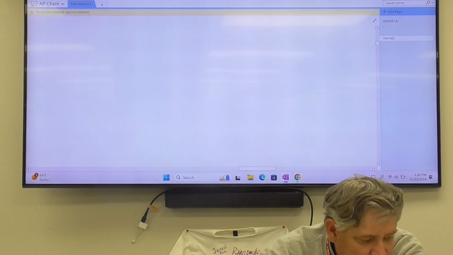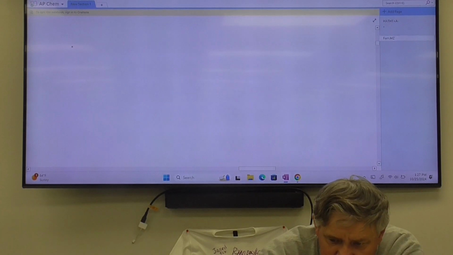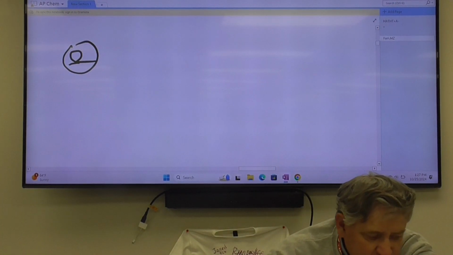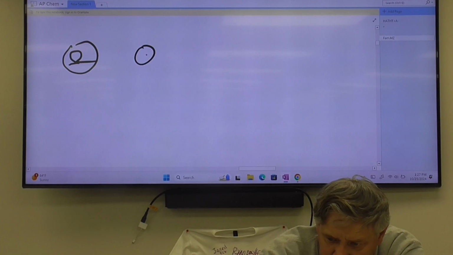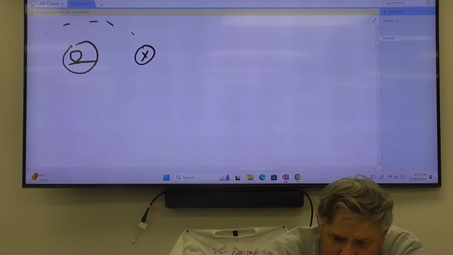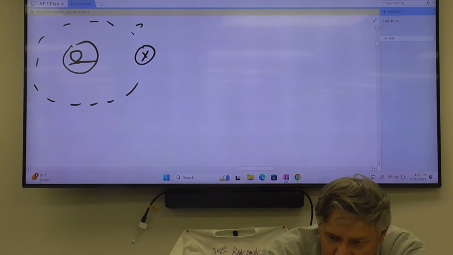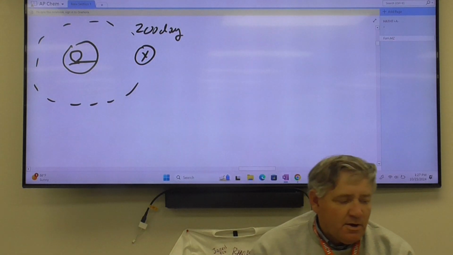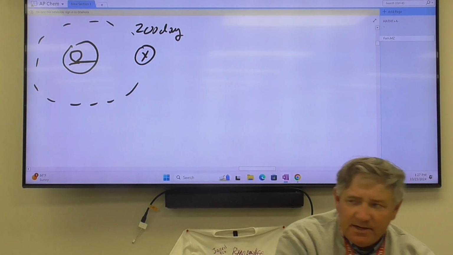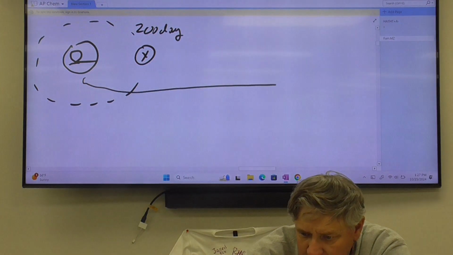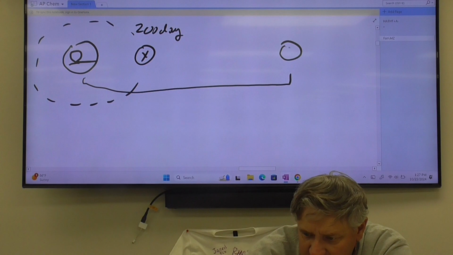Here's the star Omega, and you've got planet X here, and you're told that planet X, as it orbits around, takes 200 days. You're told that planet Y is 4 times the distance. So planet Y is 4 times that distance and is out here.